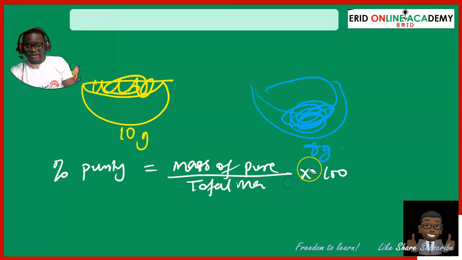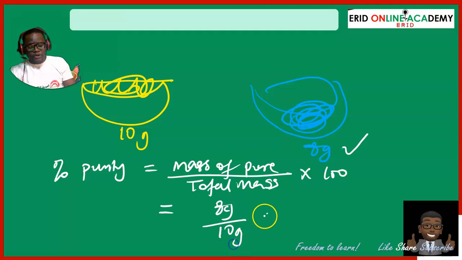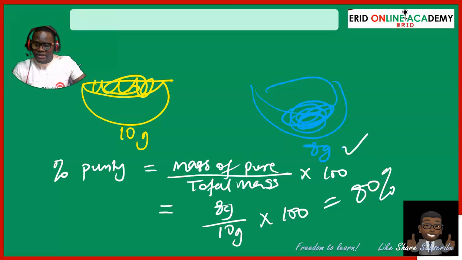It's pretty self-explanatory and very simple. So the mass of pure that we got here is 8 grams according to the question, over total mass, which is 10 grams according to the question, multiply by 100, and that should give what? 80%. You can see it is absolutely simple how to work with percentage purity.